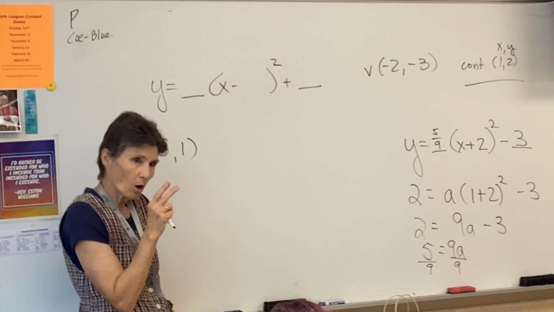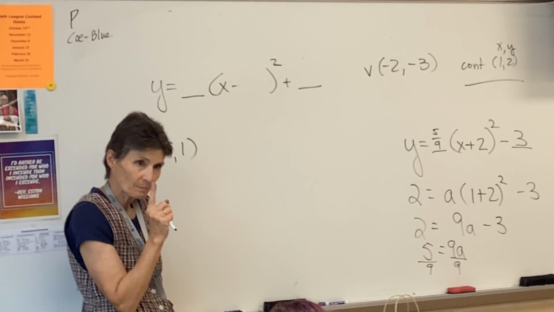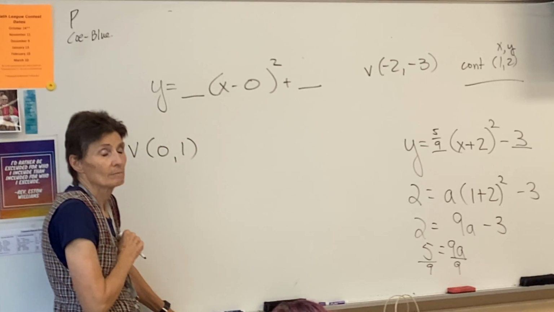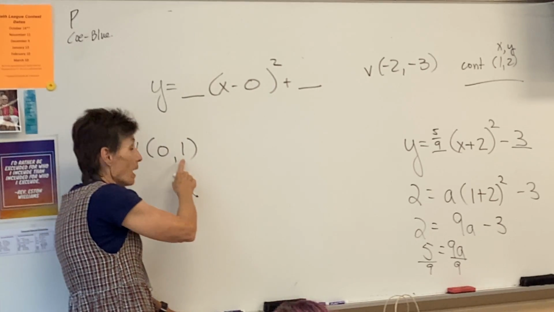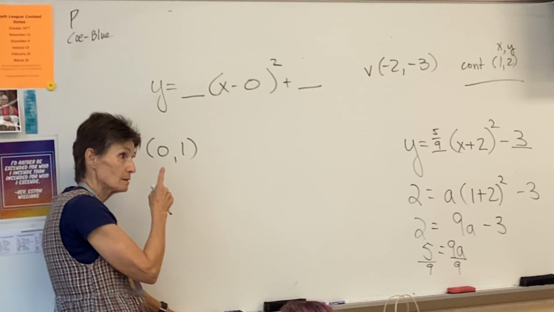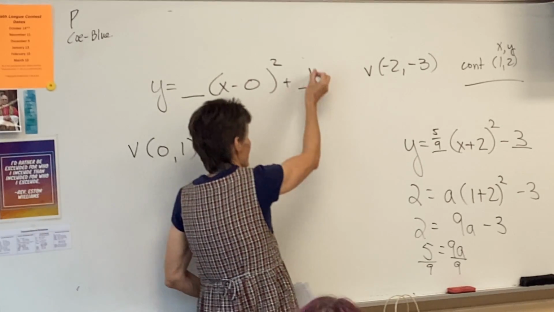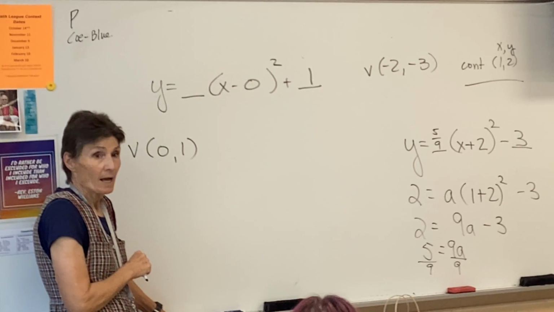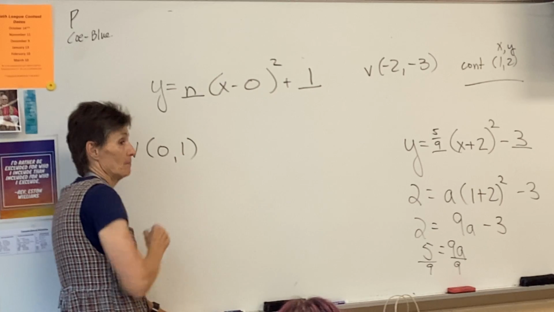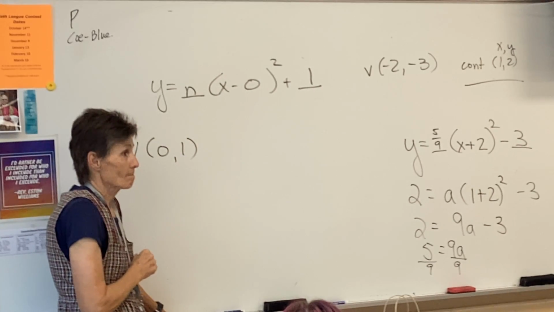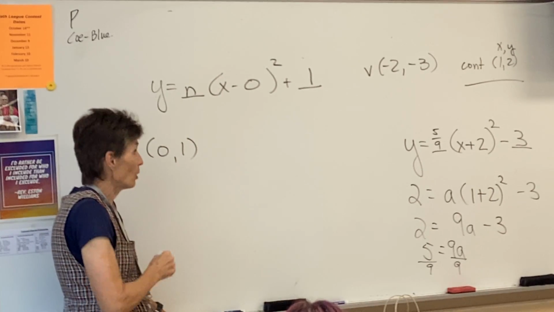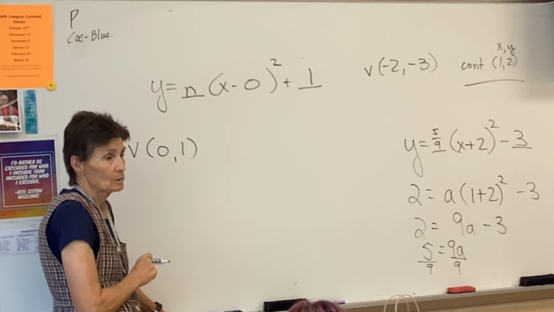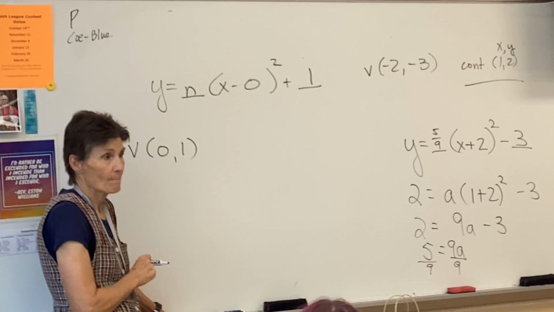That means we've gone nowhere sideways, which means this is 0. And I went up 1, which means this is a plus 1. And the only thing I don't know is that. I called it N this time, call it A or N, it doesn't matter, call it something. Now, how do I find it?